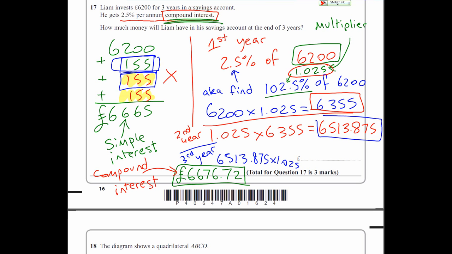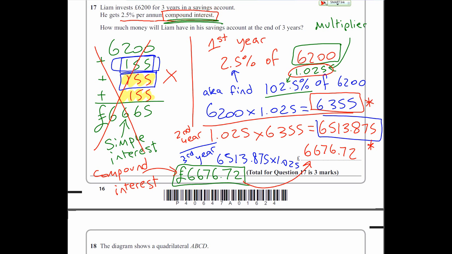The compound interest, because you get interest on the new amount. Okay? So, let's give it as an answer. How much will you have after 3 years? £6,676.72. Okay? Just in case anyone's just tuning in looking at that, let's cross it out.